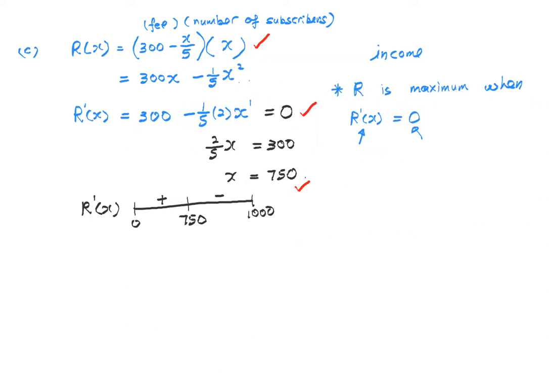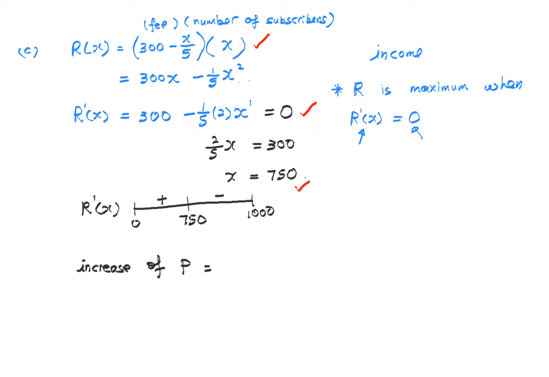Then the last part, they say hence find the increase of monthly subscription fees. Increase of P, because just now we defined what P is already.